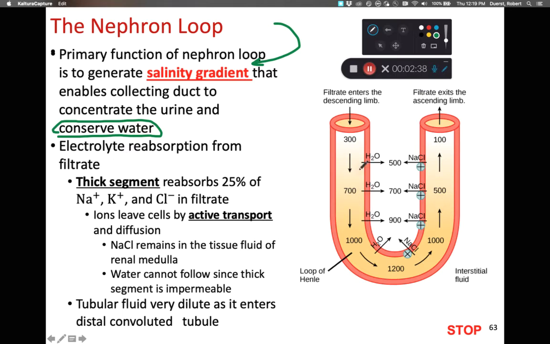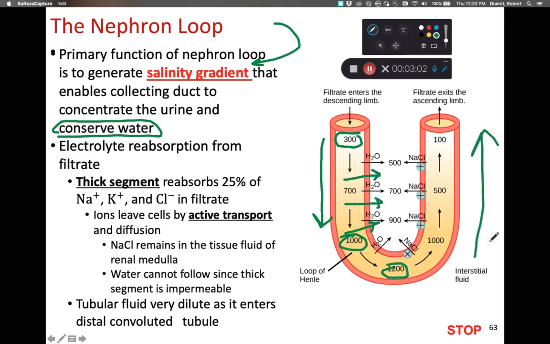As we look at the electrolytes that we absorb, it's worth emphasizing the descending limb. The filtrate enters relatively dilute, but the saline gradient causes water to be reabsorbed into the extracellular fluid, and the filtrate becomes increasingly concentrated. Then on the ascending limb, instead of having water removed from the filtrate, we remove sodium ions and chloride ions, and that causes the extracellular fluid to be more concentrated.